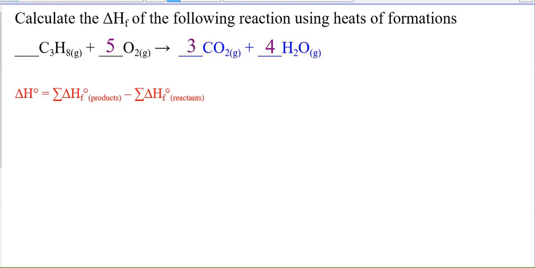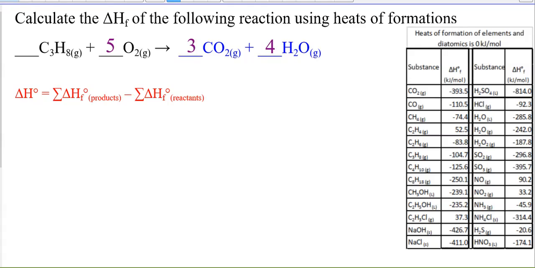So if I'm going to figure out my overall heat of formation or my overall energy exchange in my chemical reaction, then I need to recognize that I'm doing this equation, which also means I need my table of values handy. I copied and pasted it on here, nice and small. Numbers a little hard for me to read, but you should have yours in front of you somewhere.